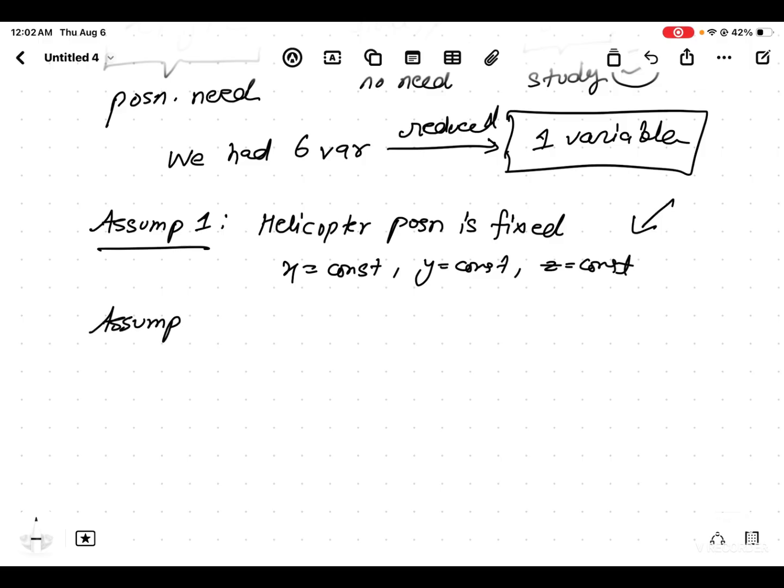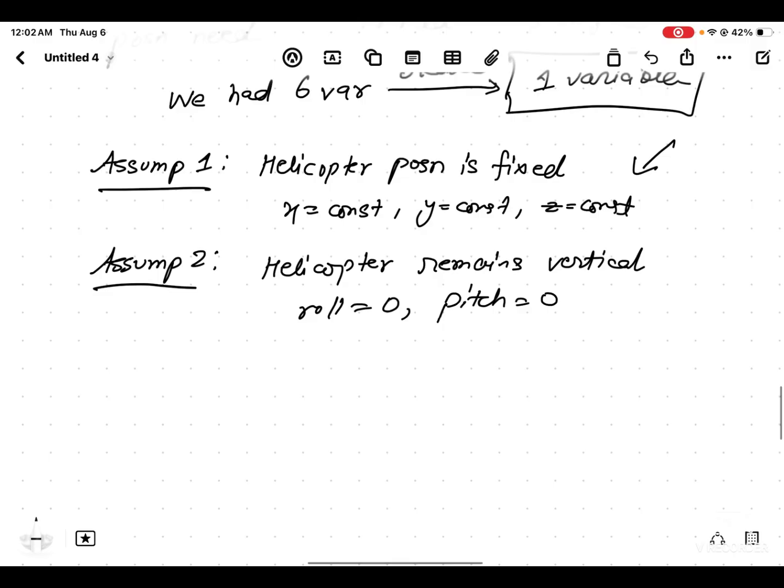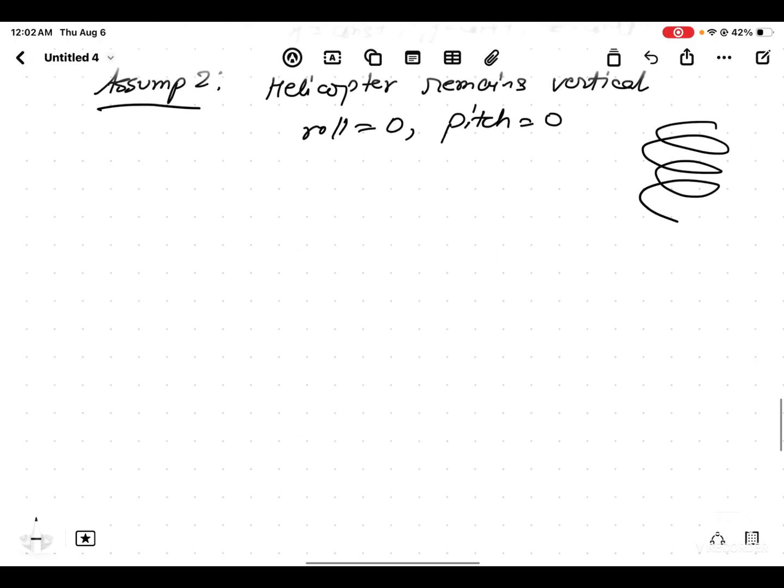And the second assumption we have to take is that the helicopter remains vertical. So the roll motion is zero and there is no pitch motion because the helicopter is vertical. It will yaw only. It will spin like this. So we need to study this only.